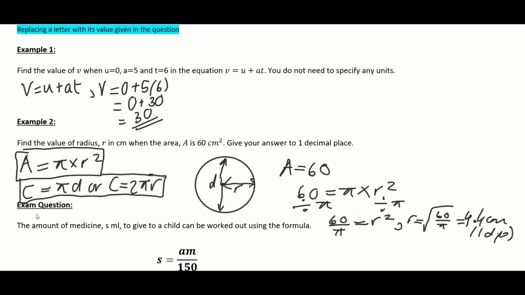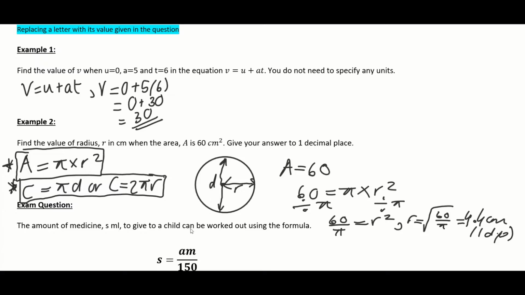C equals pi d. Circumference equals pi times the diameter, which is the same as circumference equals 2 pi r, which is 2 times pi times r. So these are the important formulas. Let me put a star nearby important formulas that you need to know.